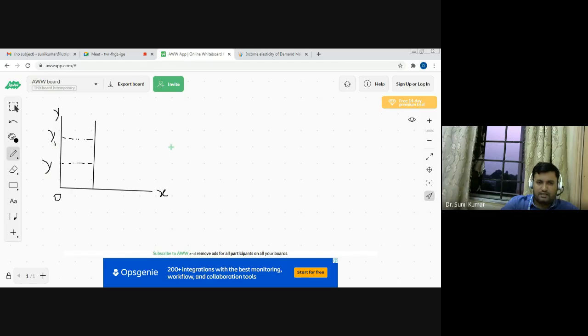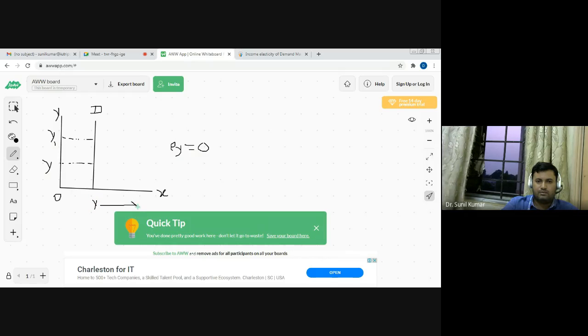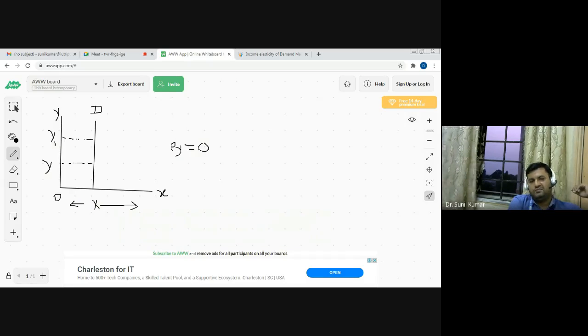So we can say that EY here is equal to 0. You see this one is the demand, this one is the straight demand curve, and here is the X, that is the demand actually. This is the X goods. What is happening? Demand is just straight, nothing changes there. If the income increases or decreases, it will remain the same.